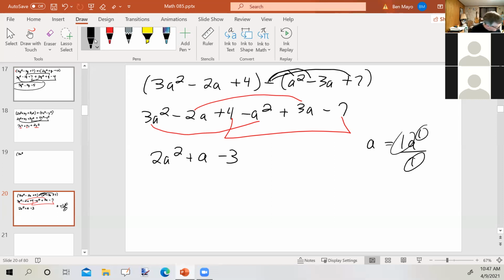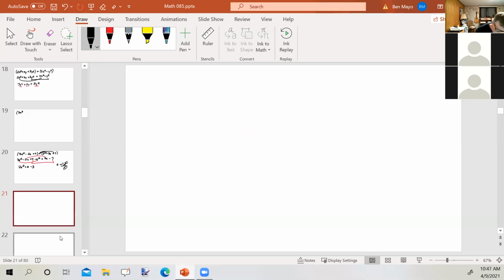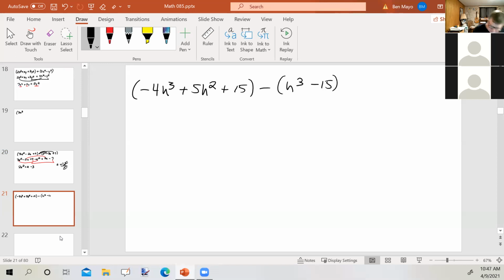Okay. Next example. We have the quantity negative 4h cubed plus 5h squared plus 15 minus the quantity h cubed minus 15.